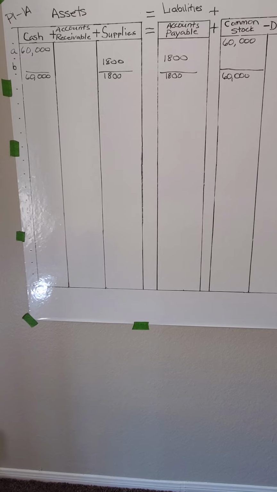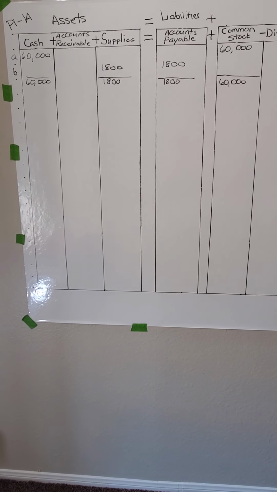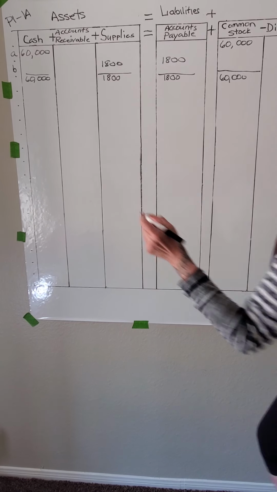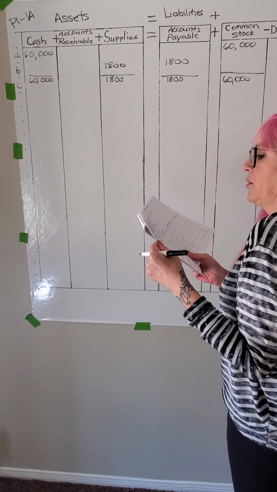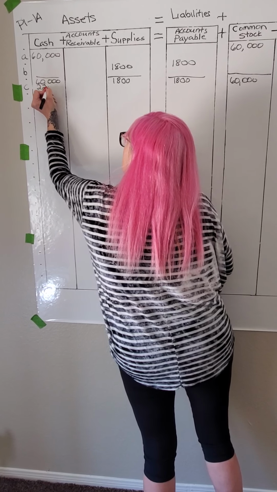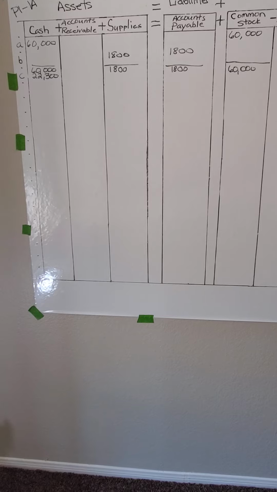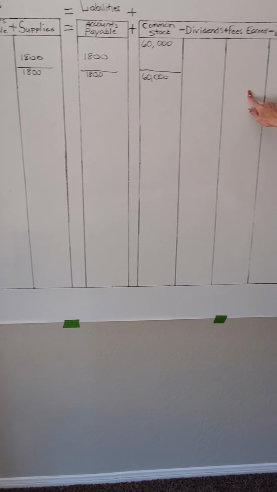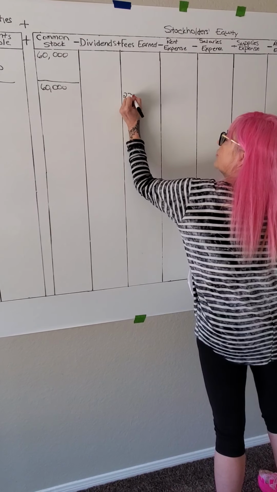The third item is C. We received cash from fees earned for managing rental property for $22,300. So we received cash in the amount of $22,300. They tell us that it was from doing what we are in business to do. So we're going to go over to fees earned, and we're going to put that $22,300 there.